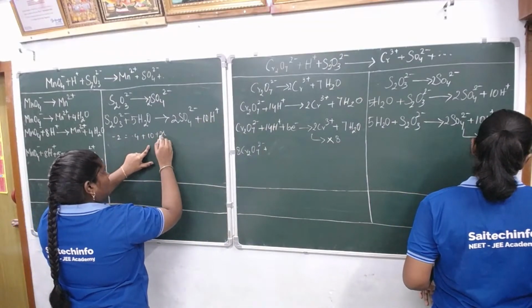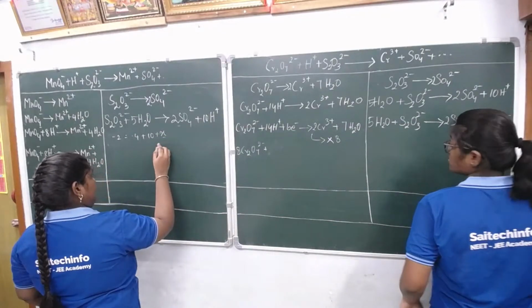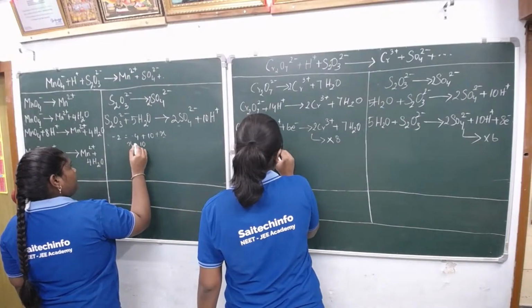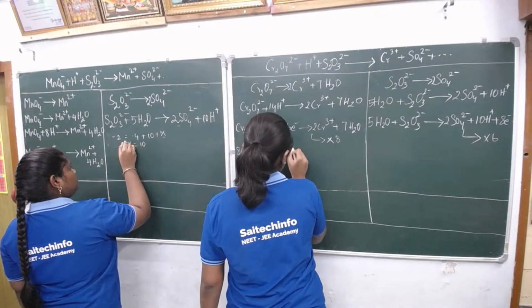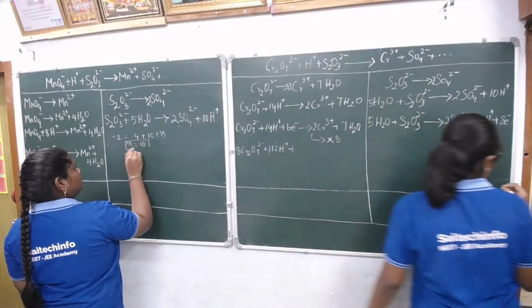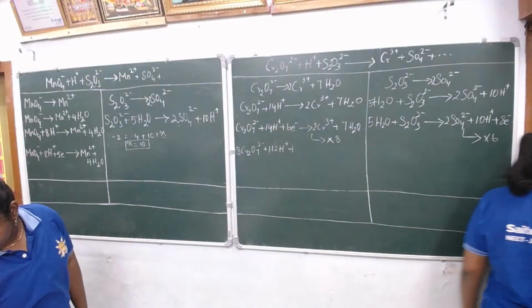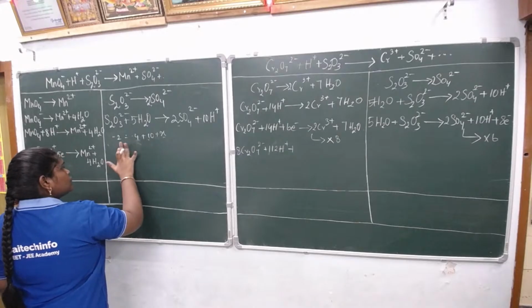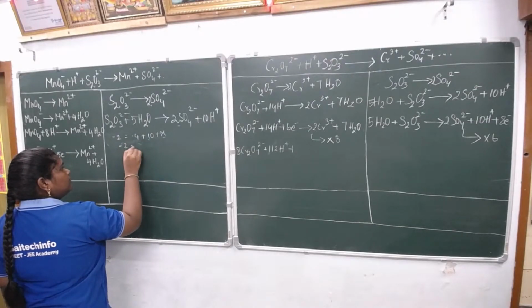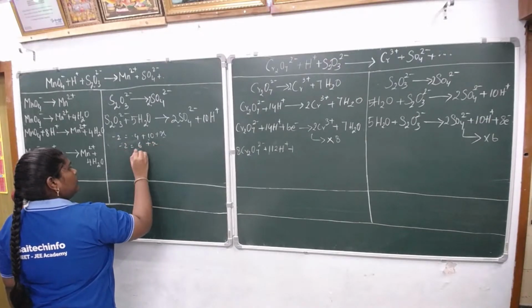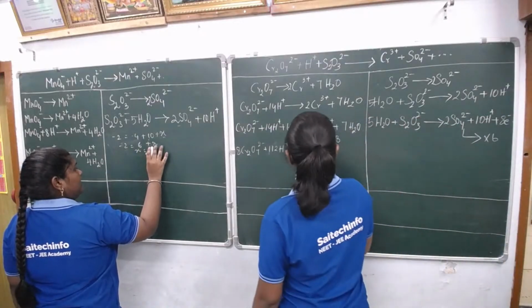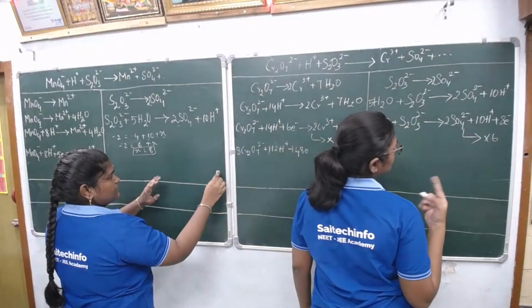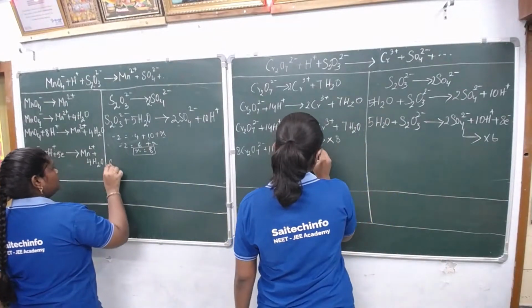We are keeping SO4 2 minus as x. So we will get x is equal to 10. So if we do this part, -2 equals to 6 plus x, where x is equal to 8 electrons. So we need to add 8 electrons on the depletion side. So we need to add 8 electrons on this side.